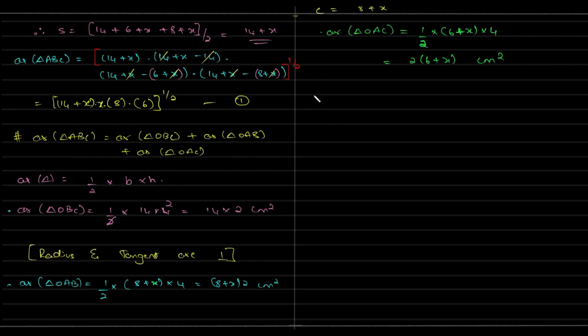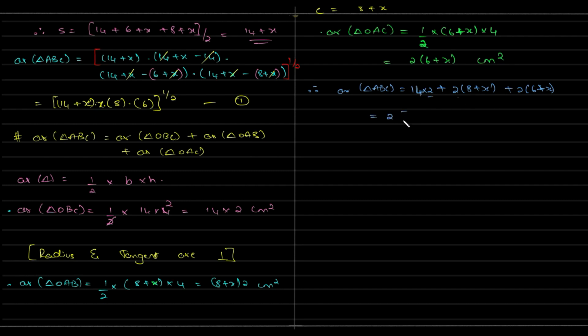right? Then we have therefore area of triangle ABC is equal to 28 plus 2 times of 8 plus x plus 2 times of 6 plus x. Okay, I'll show you why I didn't take 14 into 2 as 28. See, point is, here we have 2 common.